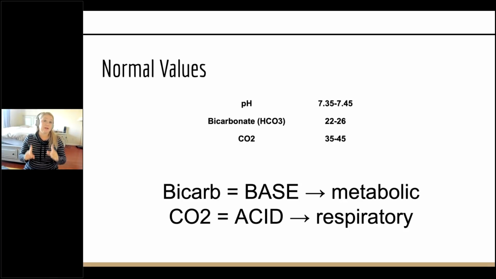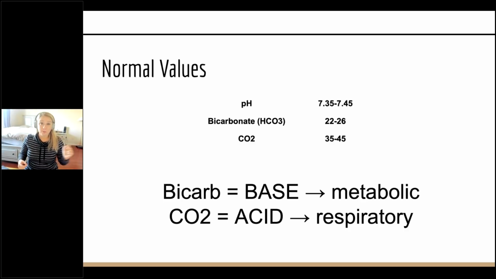And don't forget, it comes from the metabolic system. If we have a bicarb problem, we have a metabolic problem. The normal range for that is 22 to 26. Great. Last but not least, that carbon dioxide, that acid, comes from the respiratory system, right?